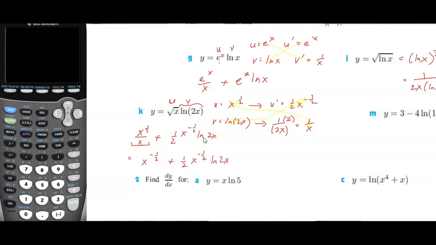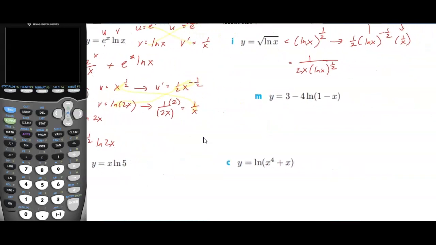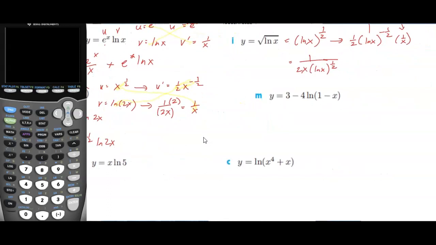Okay. And m. Derivative of 3 minus 4 times natural log of 1 minus x. Derivative of 3 is 0. I'm taking the derivative of negative 4 natural log of 1 minus x. Negative 4 is a coefficient. You just let it lie.